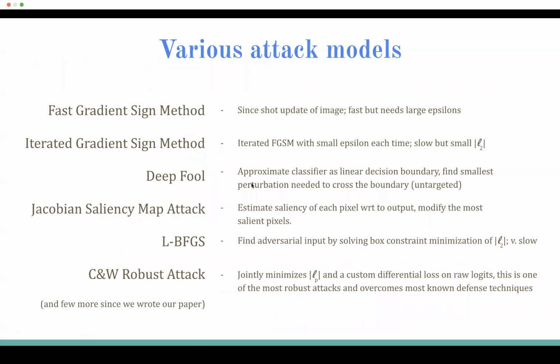I know this is one technique. This is the most vanilla technique, called the fast gradient sign method. All we have to do is change the sign and get the gradient fast. These methods are good, but the amount of noise you have to add is maybe more. Then there are other methods where, instead of taking one big step, you take a lot of small steps, called the iterated method. There are other techniques that are slightly more complicated. I will not go into those, but there are many different techniques that have been designed.